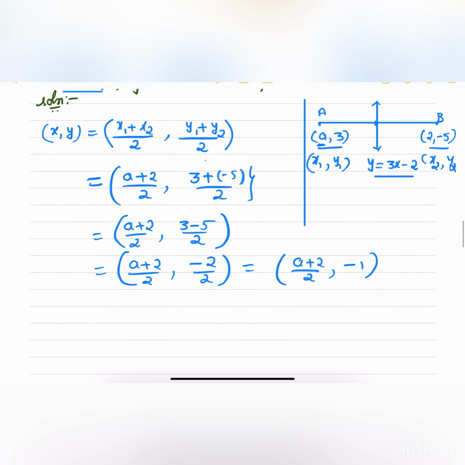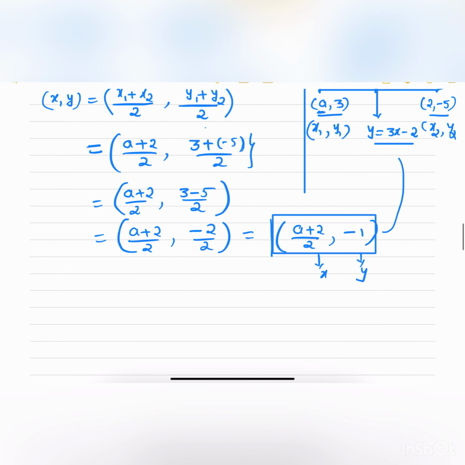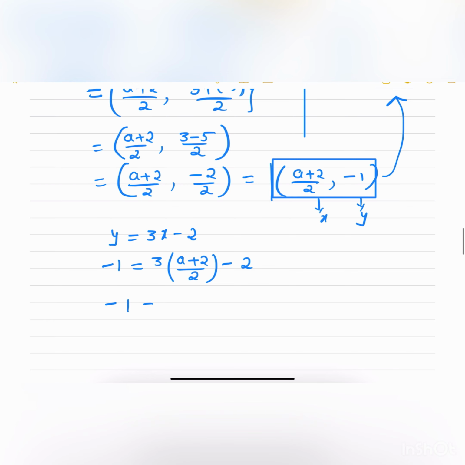Now what we have to do? We have to substitute these values. This is x for us and this is y for us. We have in the given equation y is equal to 3x minus 2. Y is minus 1 is equal to 3 into x, which is (a plus 2)/2, minus 2. Now we have minus 1 is equal to (3a plus 6)/2 minus 2, multiplying 3 to a plus 2 divided by 2.